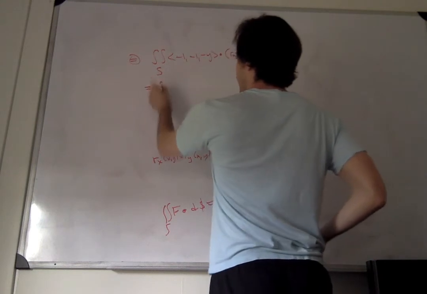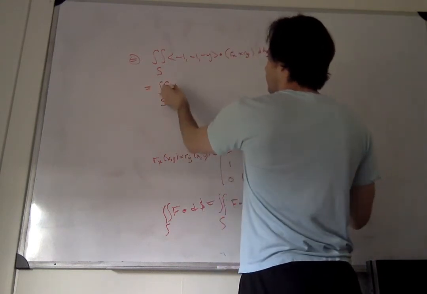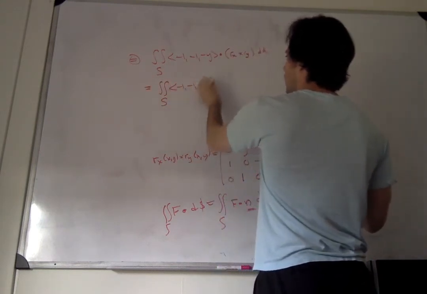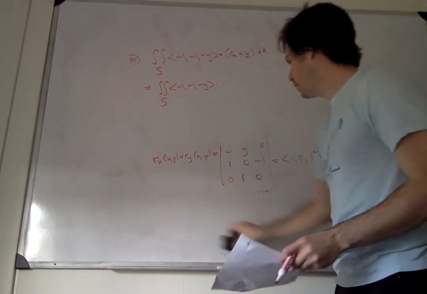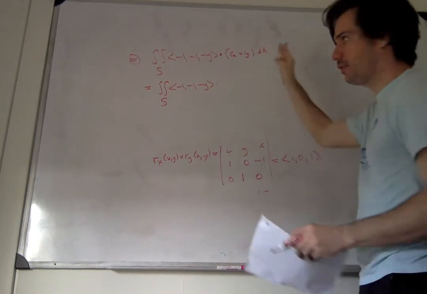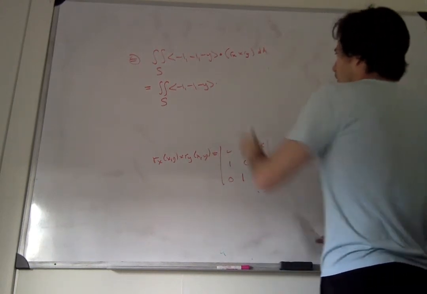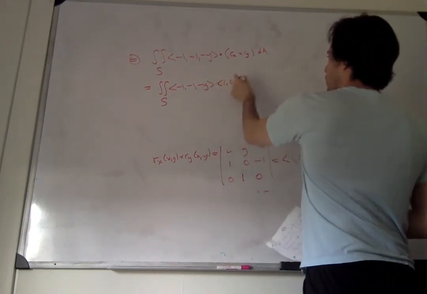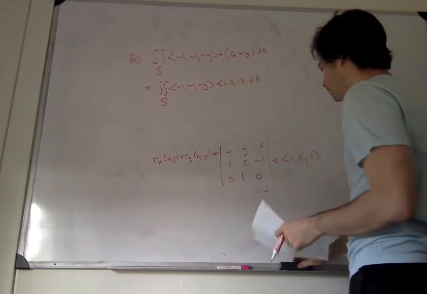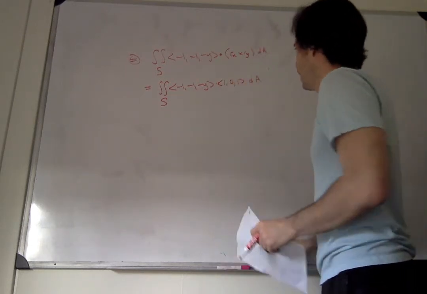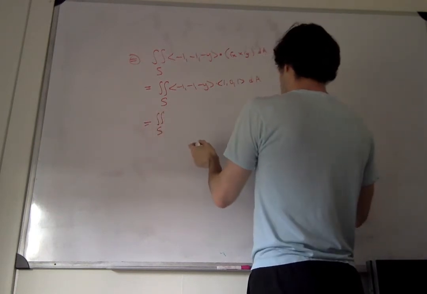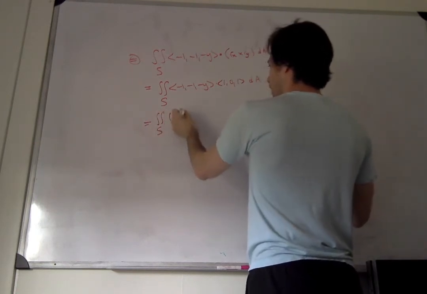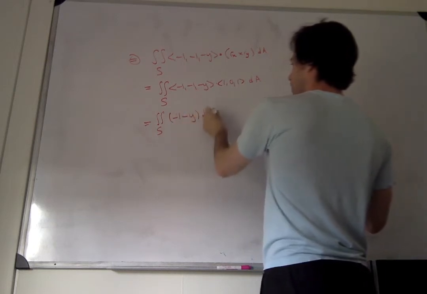So to summarize, I'm going to integrate over S, -1, -1, minus y, and I just computed 1, 0, 1 dA. The point is don't do that. Do it this way. And now I simplify this as the integral over S of minus 1 minus y dA.